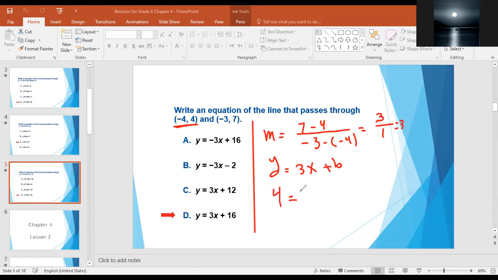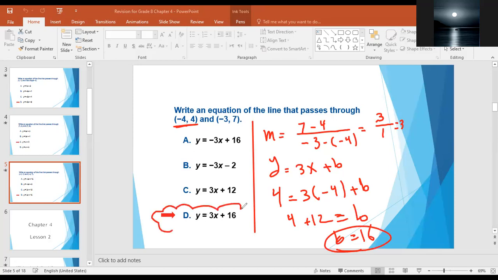So 4 equals 3 times -4 plus b, 4 equals -12 plus b. Then b equals 16. So that is the answer.